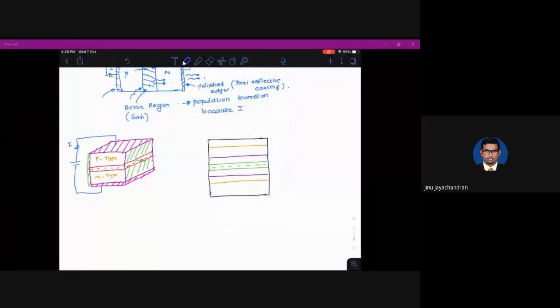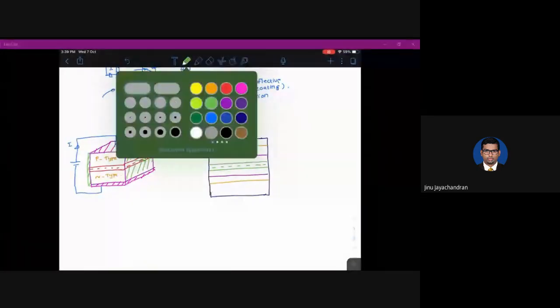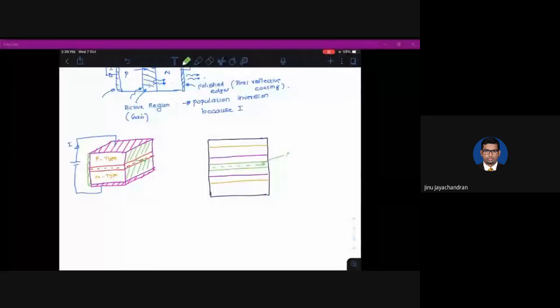Now if you look, this is the active region, or you usually call this the core. You might have studied the core in optical communication. And this layer, which is just outside the active layer, is called the cladding.